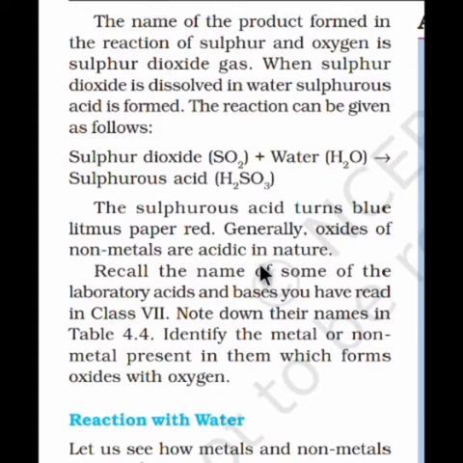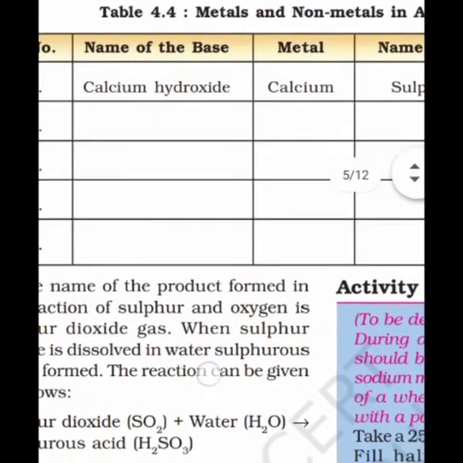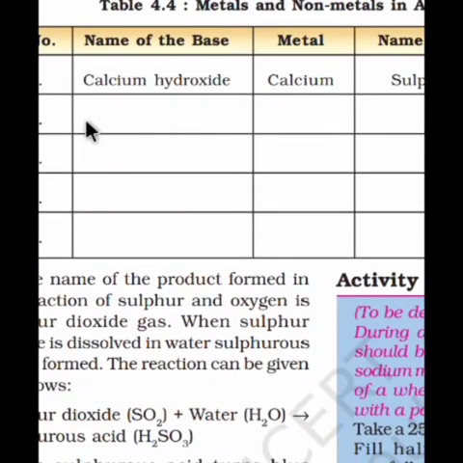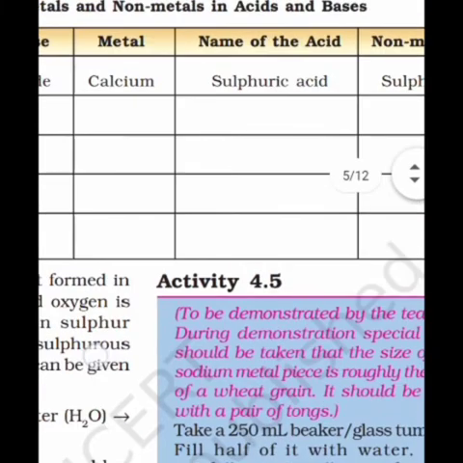Identify the metal or non-metal present in them which forms oxides with oxygen. Write the names of the bases here. Suppose sodium hydroxide, you will write sodium hydroxide here, but sodium is a metal, so in this column you will write metal, and the name of the acid you will write here, and the non-metal will be right here.